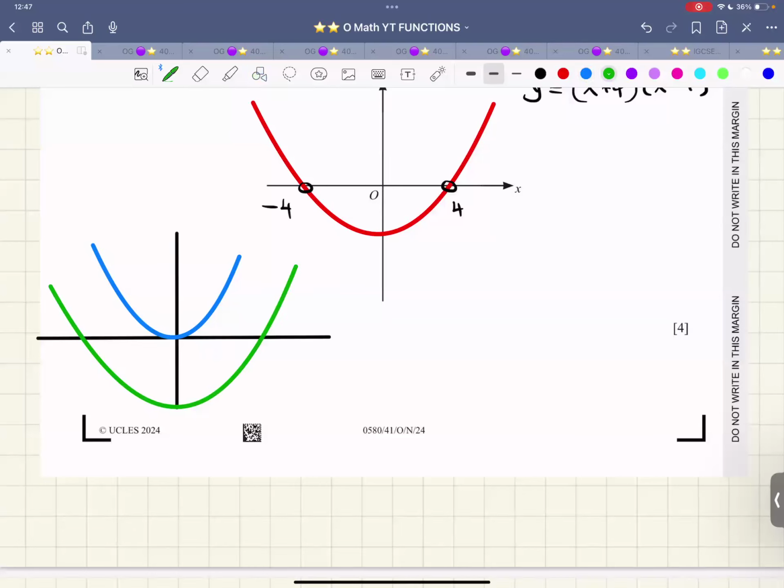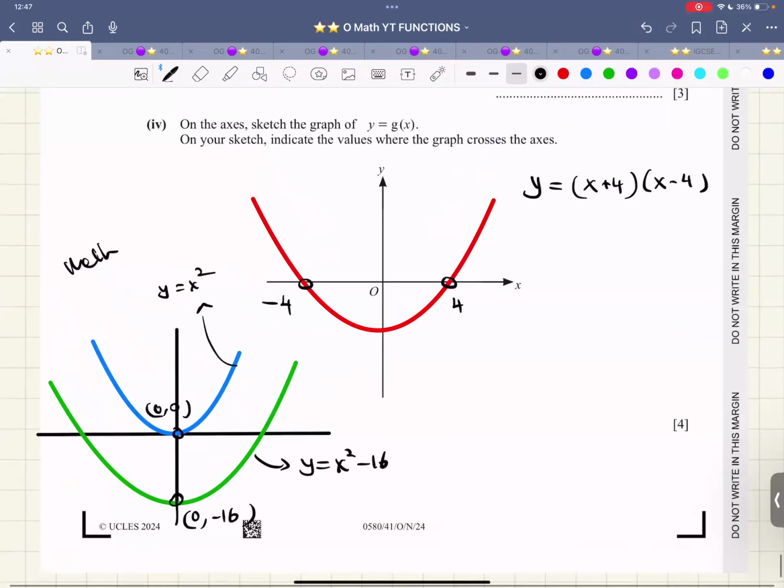So that's another way. So this blue one, that is very thick. Over here, this one, this is y is equal to x squared. This one, y is equal to x squared minus 16. The turning point is 0, 0. The turning point is 0 and negative 16. So this is method 2 of drawing the graph. This is method 1 of drawing the graph.